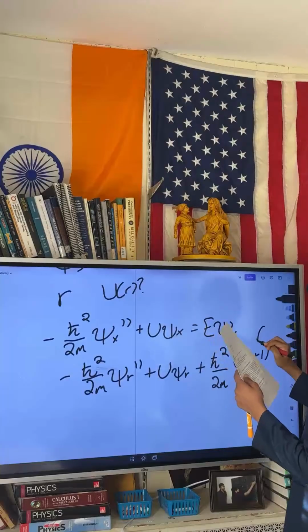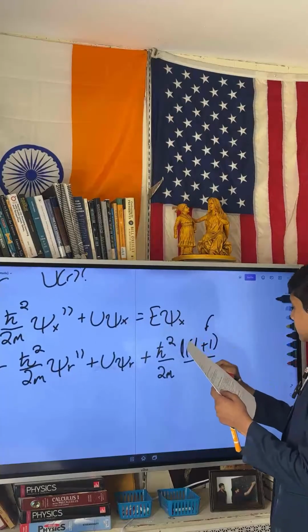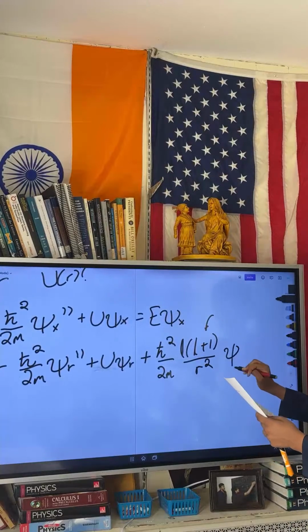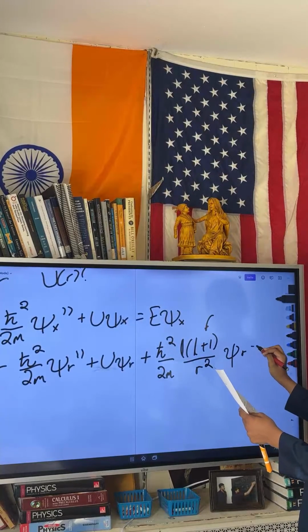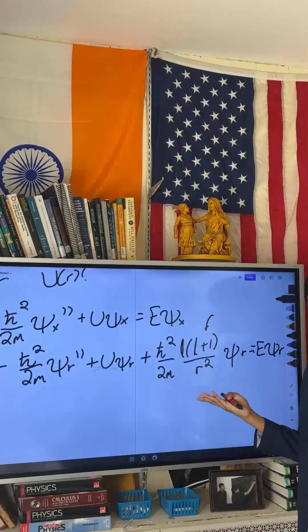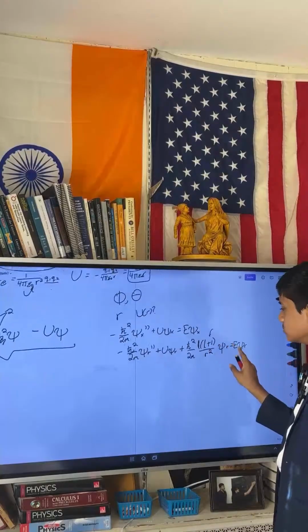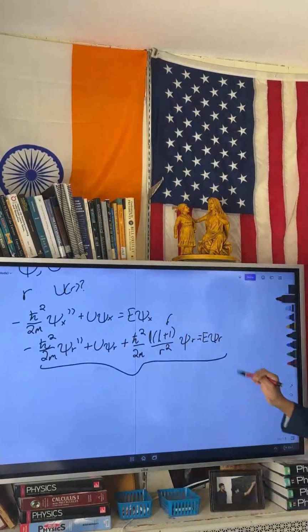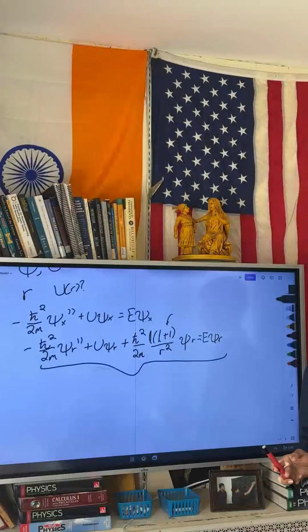Recall that this is the separation constant we used to break the triple variable partial differential equation into 3 single variable equations. And here we go. This is the Schrodinger equation, or the radial equation.